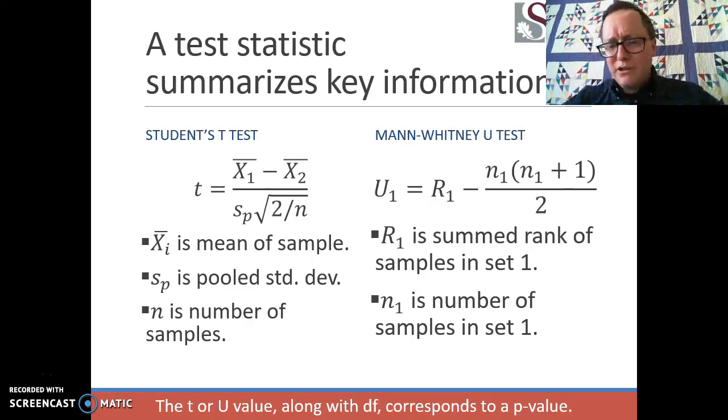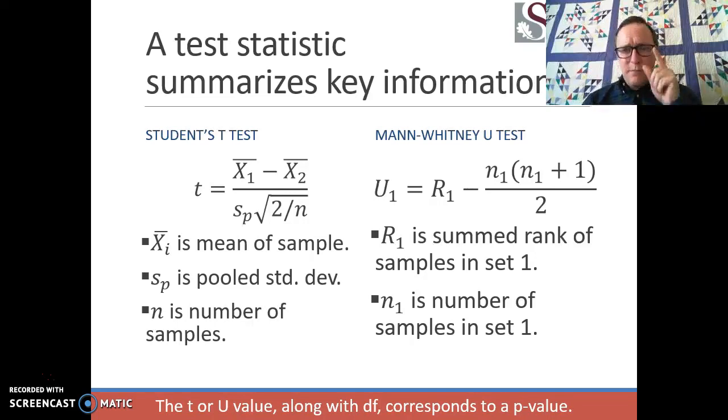Now, it might not be apparent in that equation where the means come from, but you can see x sub 1 has a bar over it minus x sub 2 with a bar over it. Those are, in fact, the means of the x1 group and the mean of the x2 group. Then we divide that by the pooled standard deviation for both distributions, multiplied by the square root of 2 divided by the number of samples.